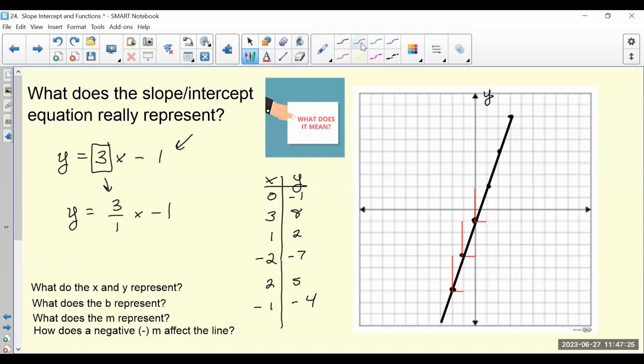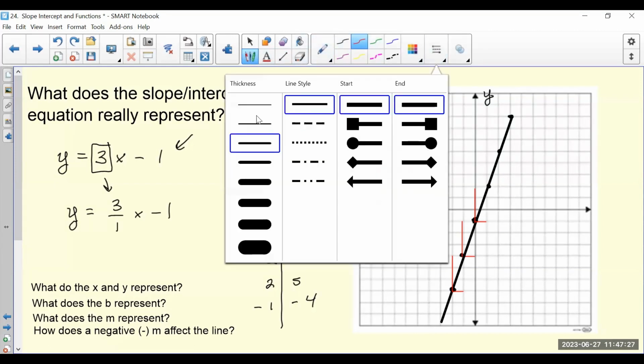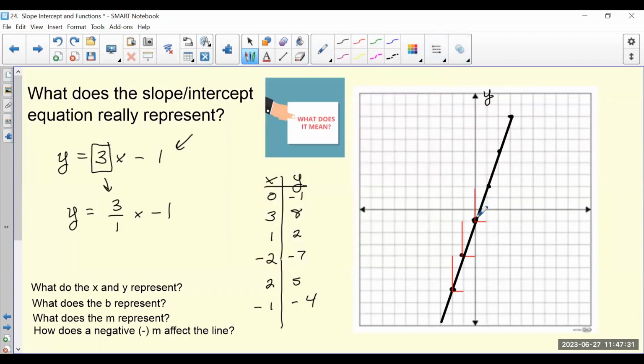Now, it's not going to look quite as nice, but I'm going to do this by hand. So when we are going from one point to the next point, we are going up 3 and over 1, and then up 3 and over 1, and up 3 and over 1.